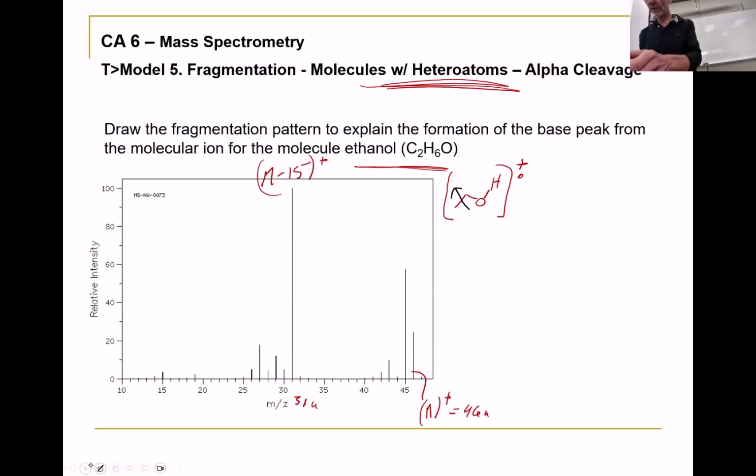And so let's draw the outcome. Again, the convention is important. So you're going to have a CH3 dot. You're not seeing the CH3 in the spectrum, you're seeing the fact that it gets lost. But here we need to be a little more careful.